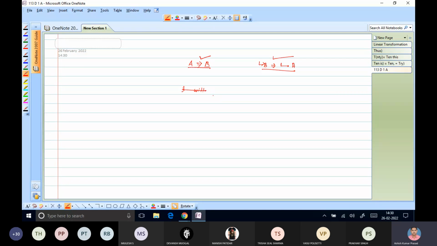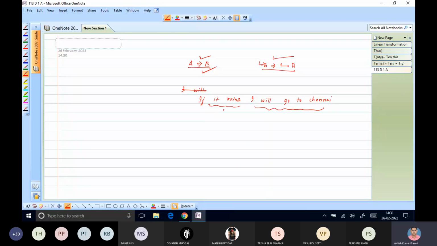For example, statement A: if it rains. This implies B: I will go to Chennai. So if it rains, this implies that I will go to Chennai.